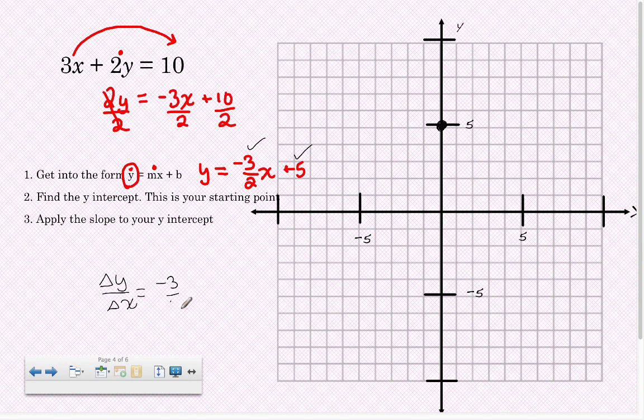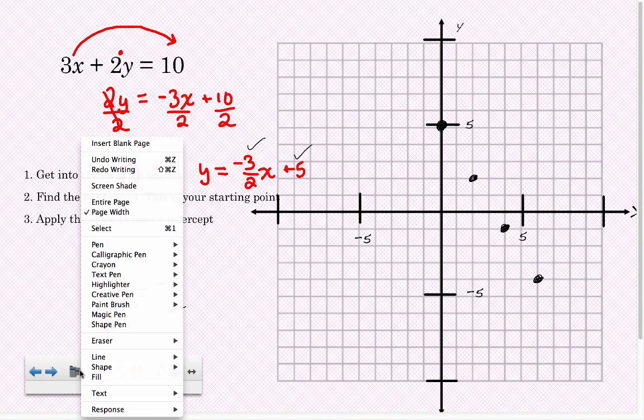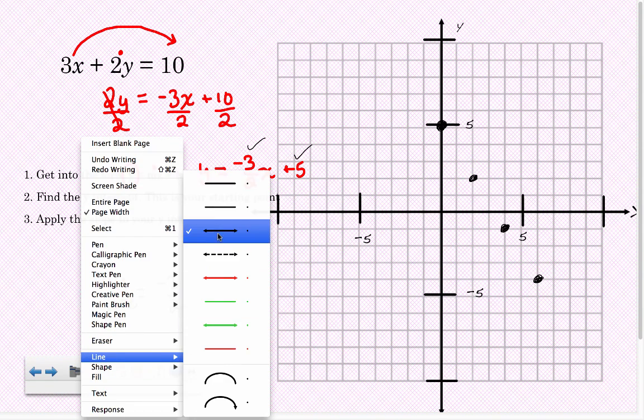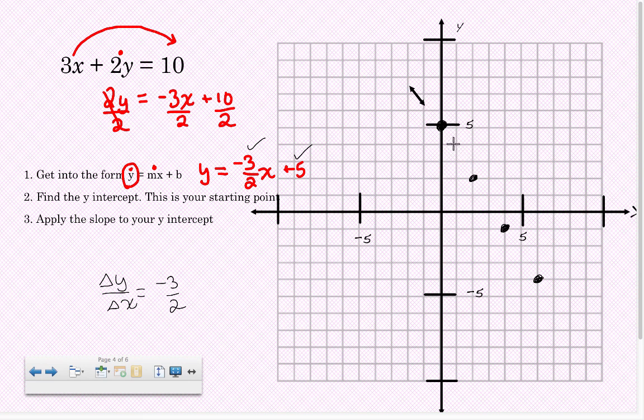It's our average rate of change, which we're going to study more in this chapter. 1, 2, 3, 1, 2. And just because I have room, I can go even further. And this time, because I want it to look purty, I'm going to actually use a line. And I'm going to draw that line through my points.